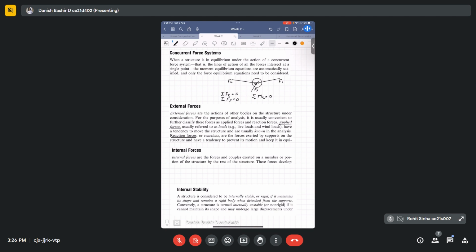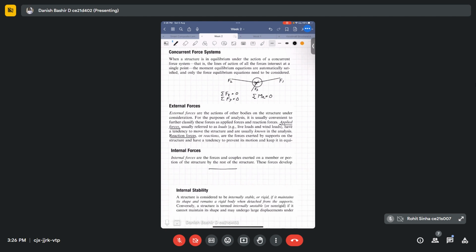For example, I have a truss like this, where all are hinges. You know that in the last class I gave you the definition of a truss, how force transmission in a truss occurs, and what the basic property of a truss is.